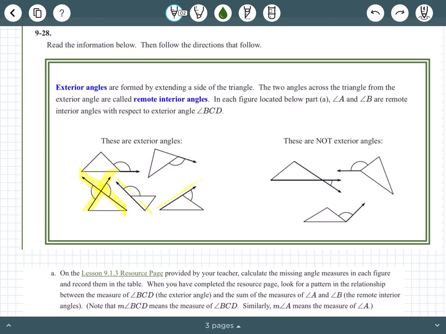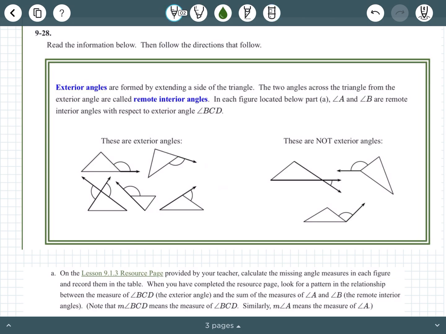Notice how this here is not considered an exterior angle. Well, that is because that angle would be connected to both of the extended sides, so that would not be an exterior angle.